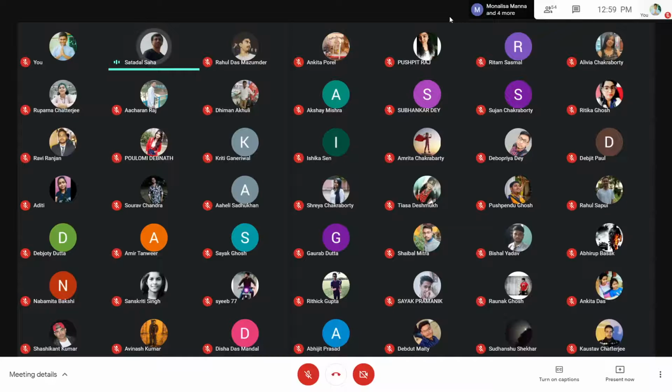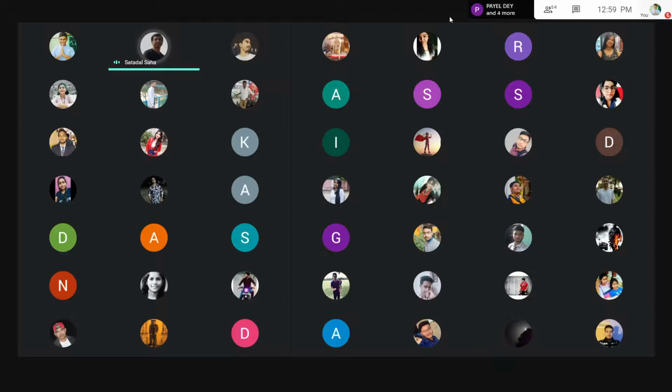Devjit Pal missing. Mona Kumari missing. Sujan Chakraborty missing.